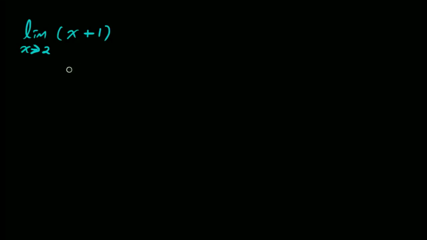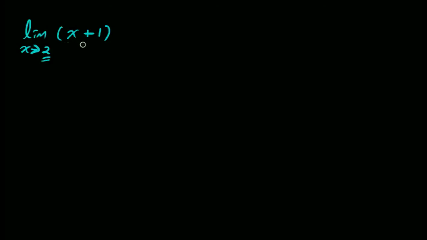Now, with our intuitive definition of a limit, the limit is saying, what is this function approaching? This function is x plus 1. And what is that function approaching as we choose values that get really, really close to this value 2 right here? We already sort of know what this is.